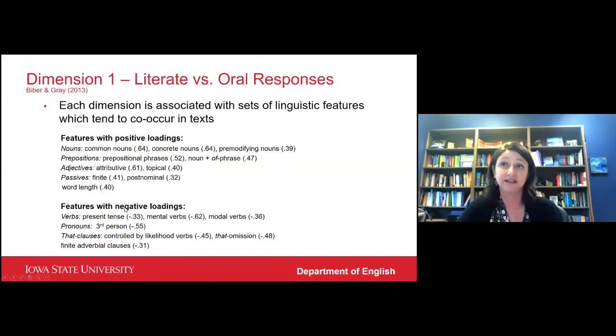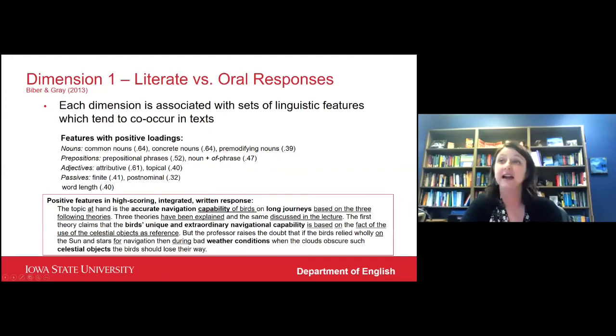In contrast, texts that tended to have a lot of present tense verbs, mental verbs, modal verbs, third person pronouns, and so on, these features tended to co-occur. And a text that had a high frequency of these features tended to have a lower frequency of the positive features. So they're in this complementary distribution.